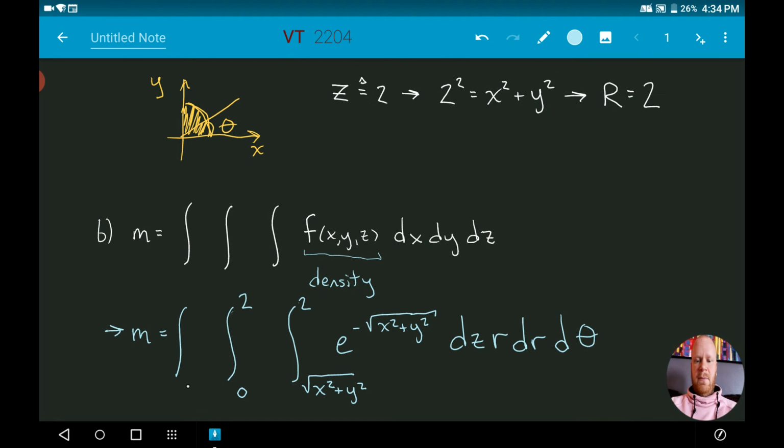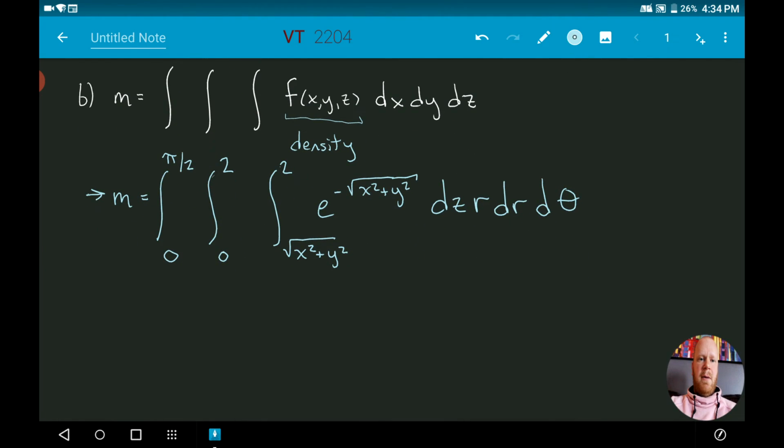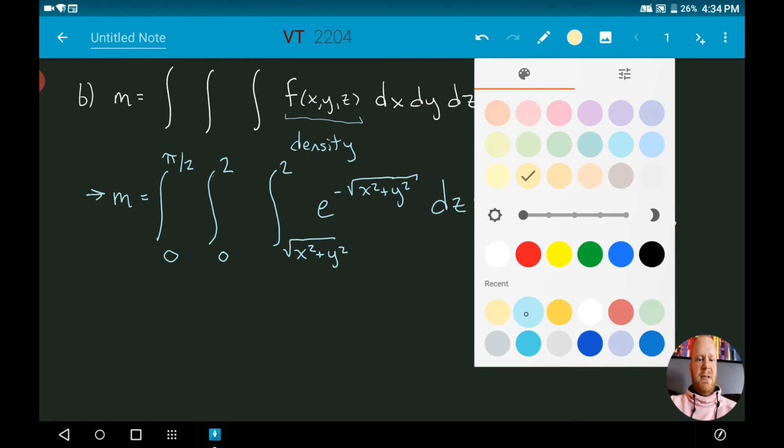So theta is going to be between 0 and pi over 2. This step we can generalize to say this is setting up the bounds, and you generally want to do this first. We're not quite done with this though.